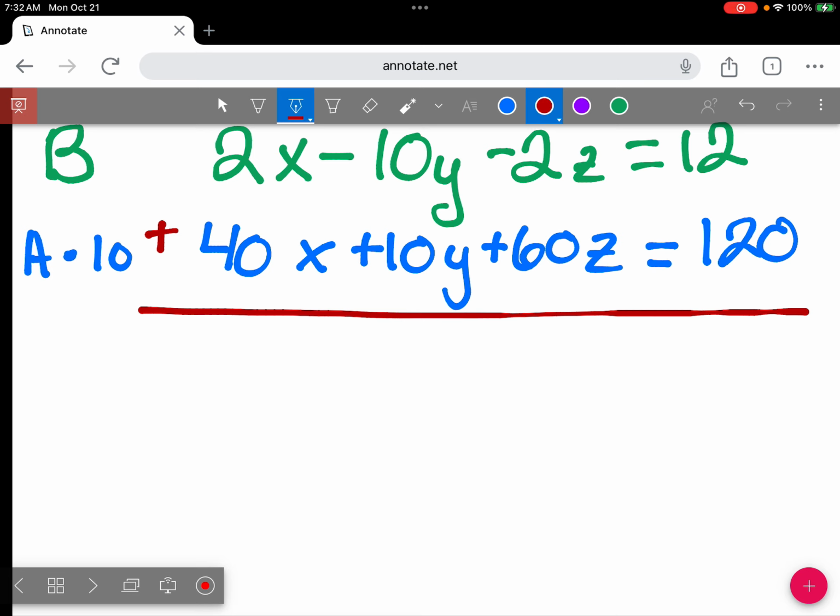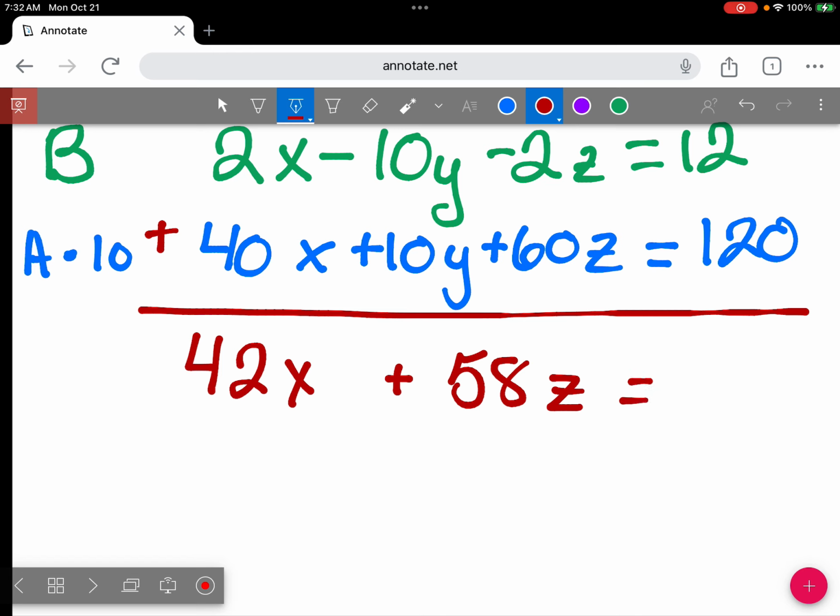So I've got my 2x plus 40x giving us 42x. My minus 10y plus 10y gives me 0 y's. They eliminate out. That was kind of the point in picking that. And then I have my minus 2z plus 60z, and we get plus 58z.